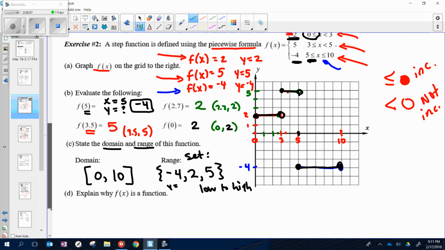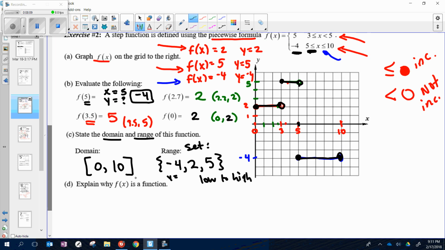All right. Explain why this is a function. If you remember what a function means, each x has only one y value. So I'm looking at this function and I'm thinking, as I move along the graph, each of these different x values only hits the graph once. Here it doesn't hit, but here it does. Hit, hit, hit, doesn't hit, hits.